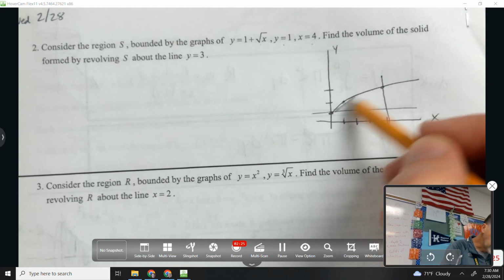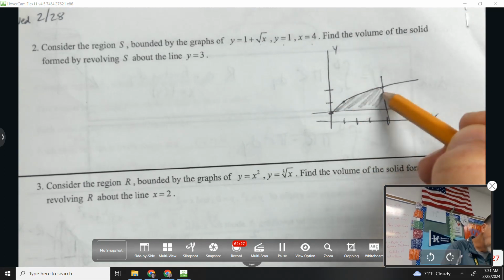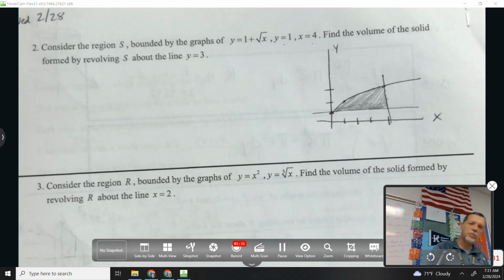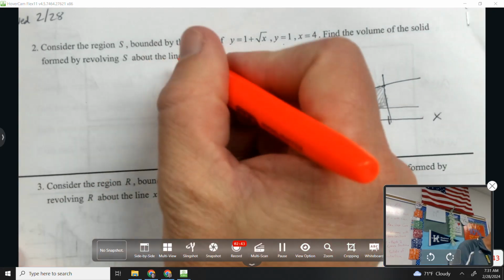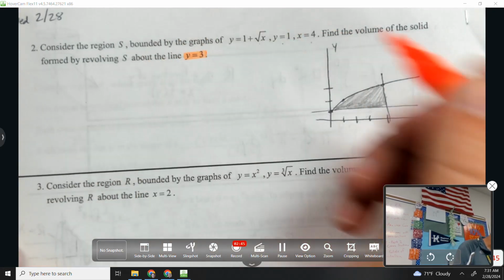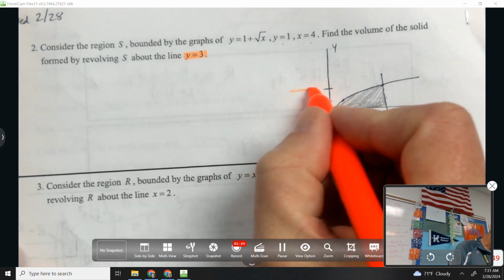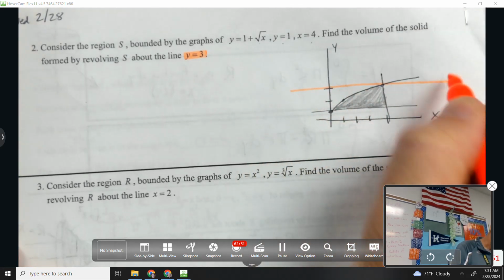So here's the area. If we were doing area, it would just be top minus bottom, 0 to 4 dx. But it's not an area problem. We want to rotate that around y equals 3. So y equals 3, my axis of rotation, is right there.